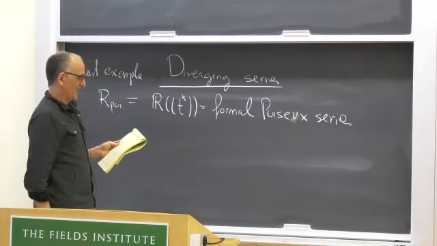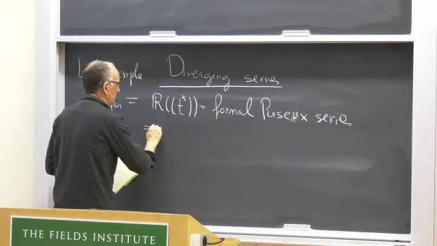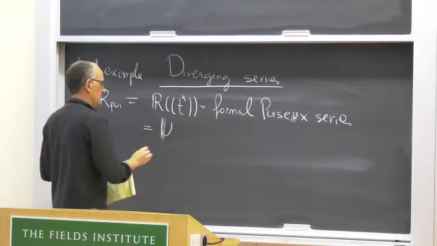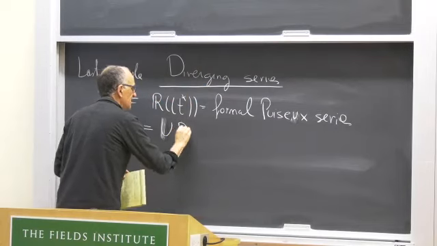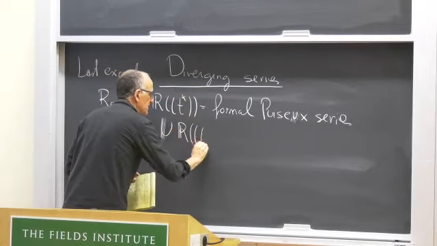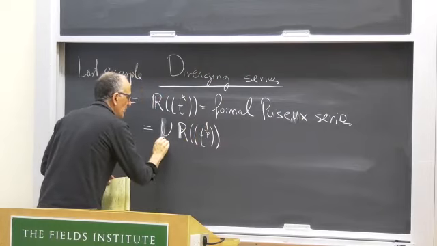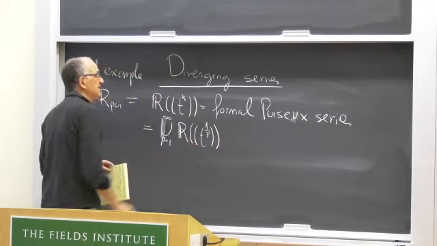One way to look at it is you take the formal power series over the reals and you plug in t to the 1 over p, for p going from 1 to infinity, and you take the union of these.